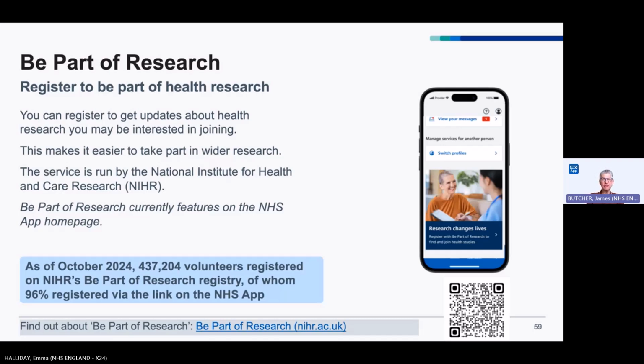It's a really great feature, giving you the ability to register to participate in health research. All the user needs to do is enter some basic demographic details and choose the areas of research they are interested in being part of.